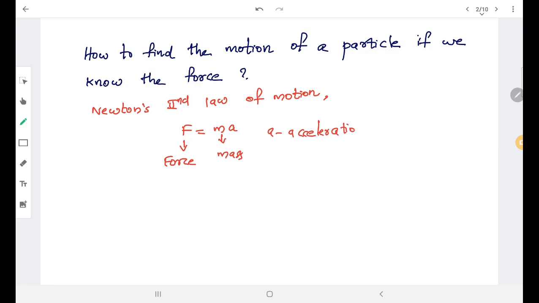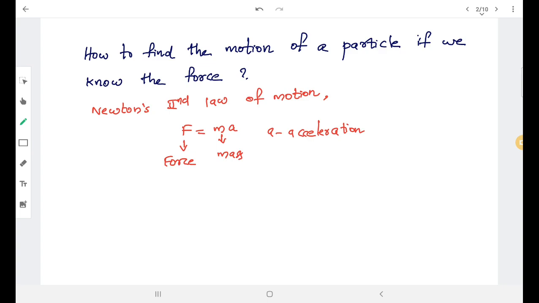So here we have one particle. We know the mass of the particle because the particle is in our hand. And if we know the force, we can find acceleration. So knowing the force F and mass m, we can find the acceleration.